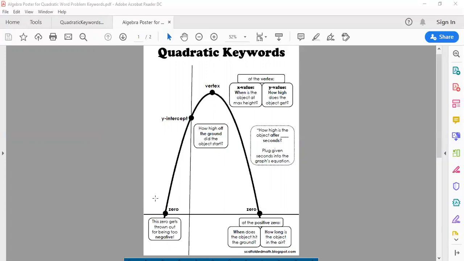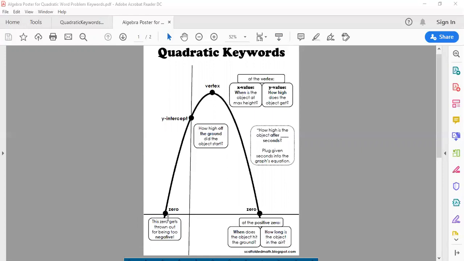Let's look at this one over here that's on the negative side of zero. It says this zero gets thrown out for being too negative. What we're saying right there is that sometimes, if you're getting your two x values and one of them is negative, let's say that your x-axis represents time, right?